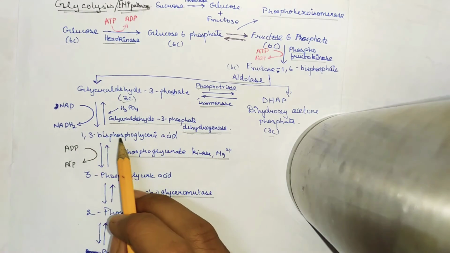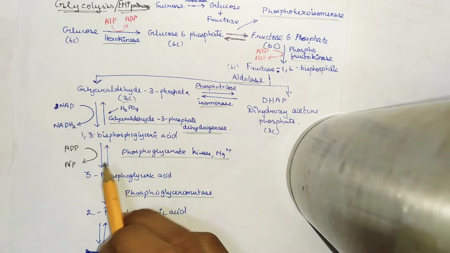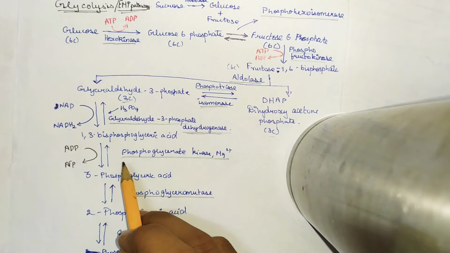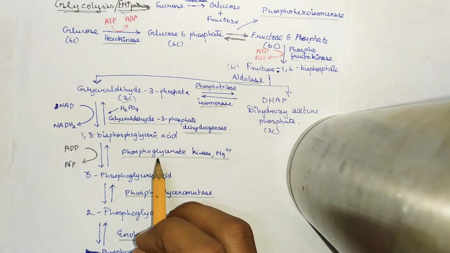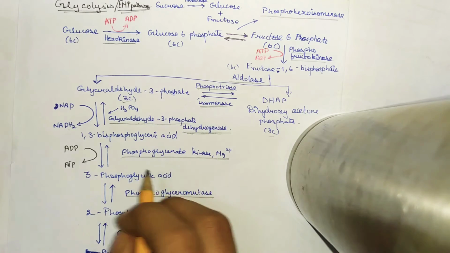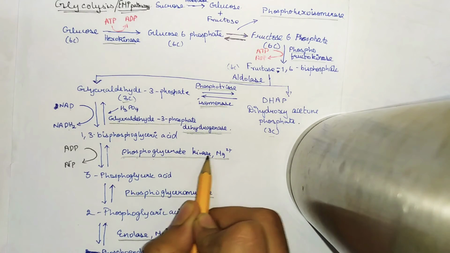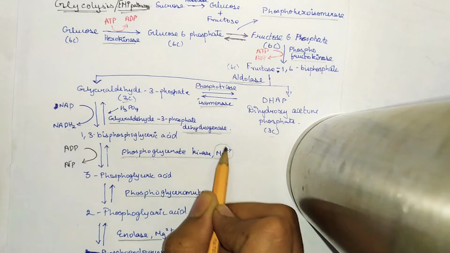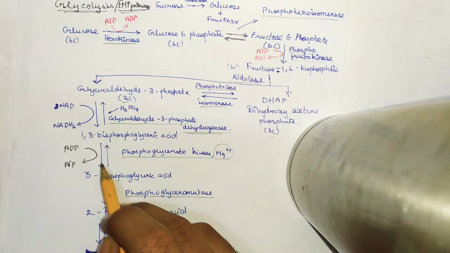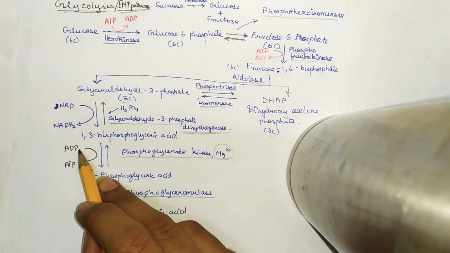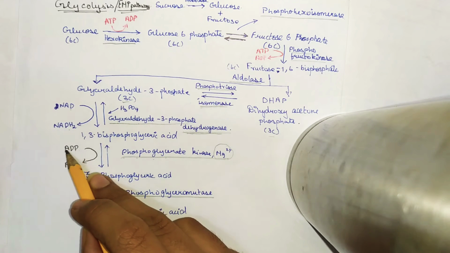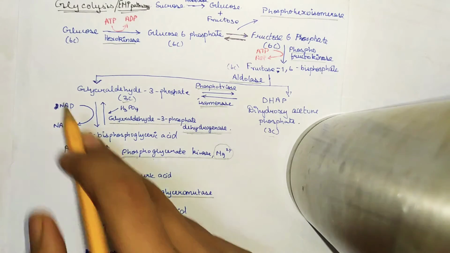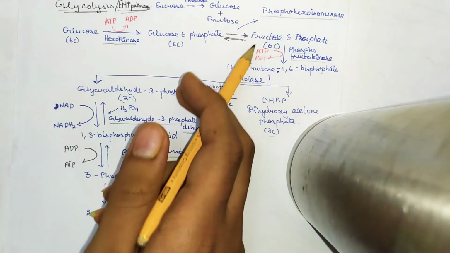This 1,3-bisphosphoglyceric acid now turns into 3-phosphoglyceric acid by the action of the enzyme phosphoglycerate kinase. This phosphoglycerate kinase is Mg2+ dependent. Okay, Mg2+ is the cofactor for it. And by this process, an ATP is generated from ADP. Now we are gaining the ATP, and here we are losing the ATP, right?